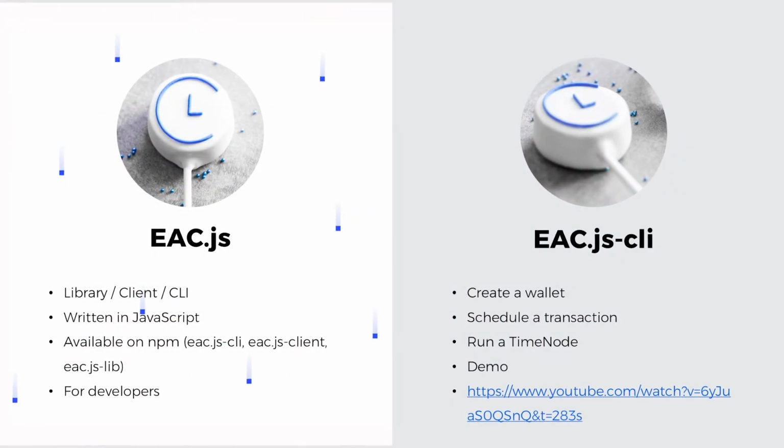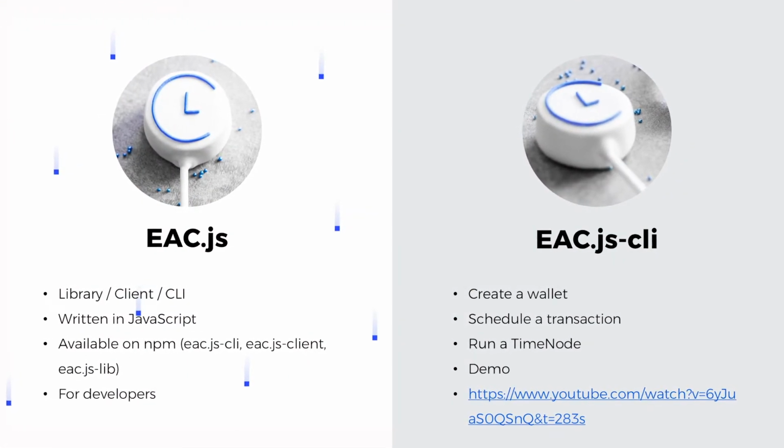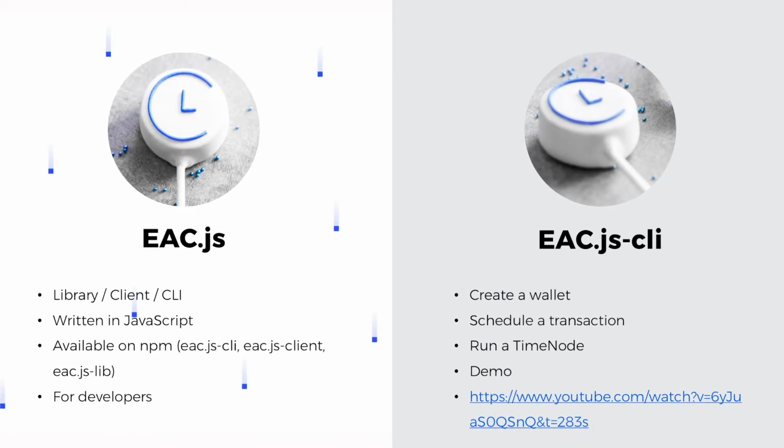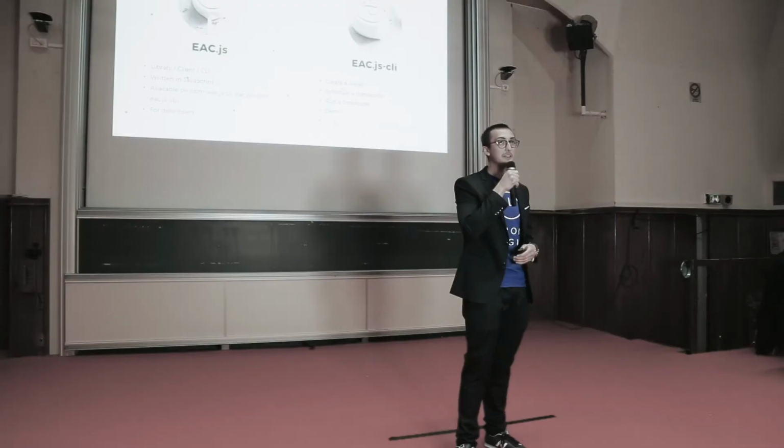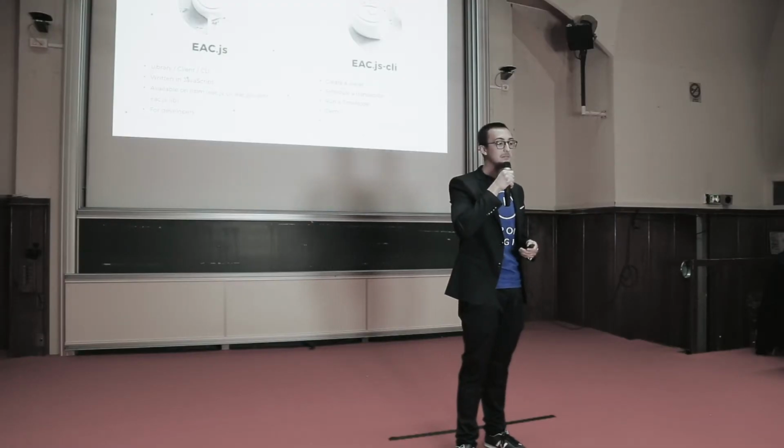Now I'll talk a little bit about the JavaScript tooling we have. So this is available for developers. And it's a great way to get started with using the alarm clock in your own application. We have a JavaScript suite that we're calling EAC.js. This includes a command line tool to both schedule transactions and run a time node.